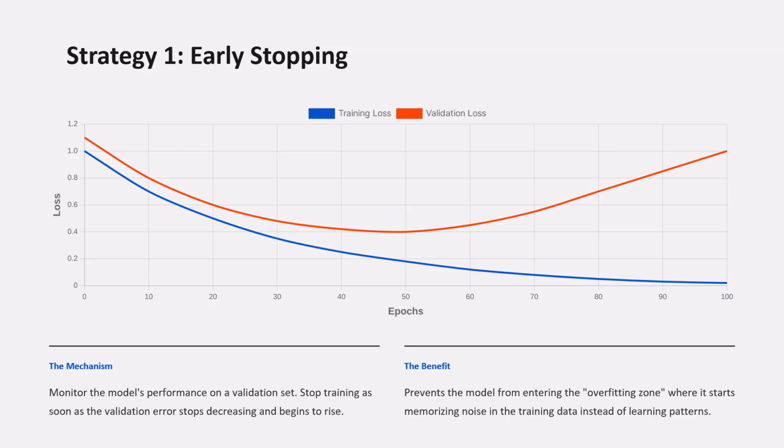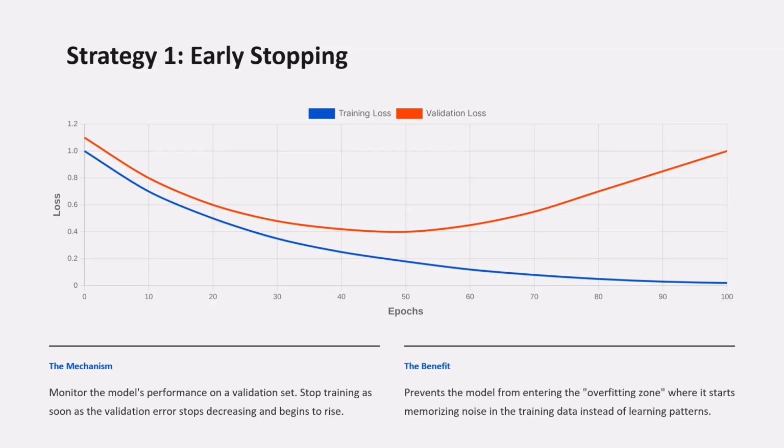While the validation error is going down, we keep training, but when the validation error starts to creep back up, we stop immediately. We call this early stopping. This prevents the model from entering the dangerous zone where it starts memorizing noise instead of learning patterns.